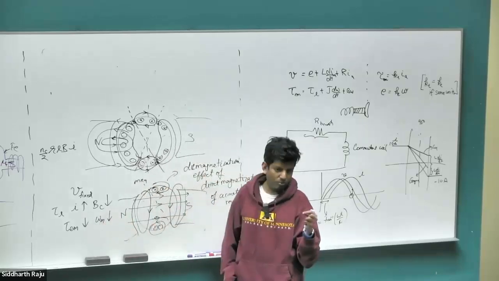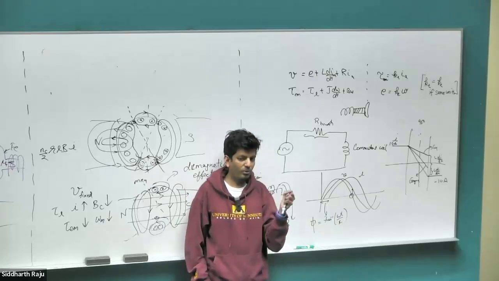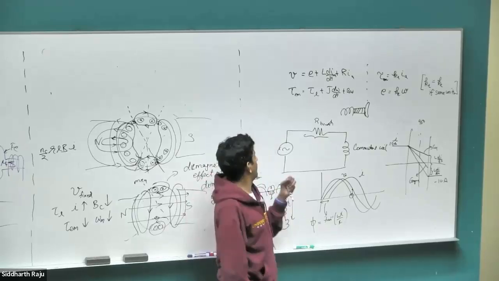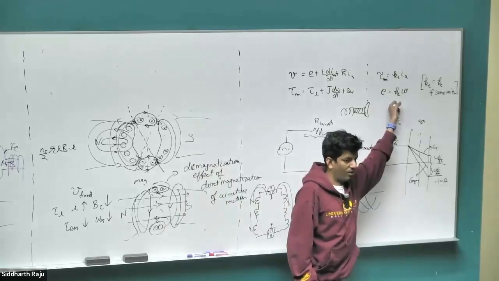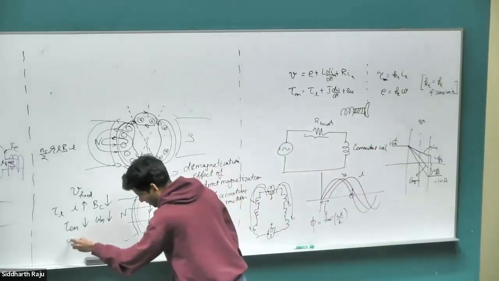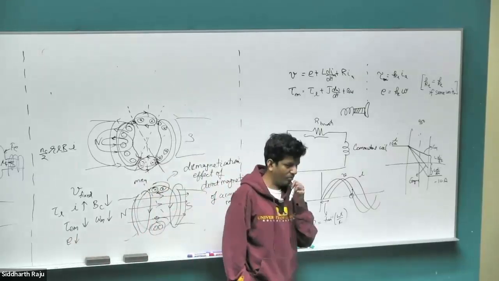If omega m reduces, what's going to happen to the EMF? What's the relationship between the back EMF and the speed of the motor? K times omega. Right? So if omega reduces, back EMF reduces. Now comes the tricky part. If the back EMF reduces, what happens to the current?